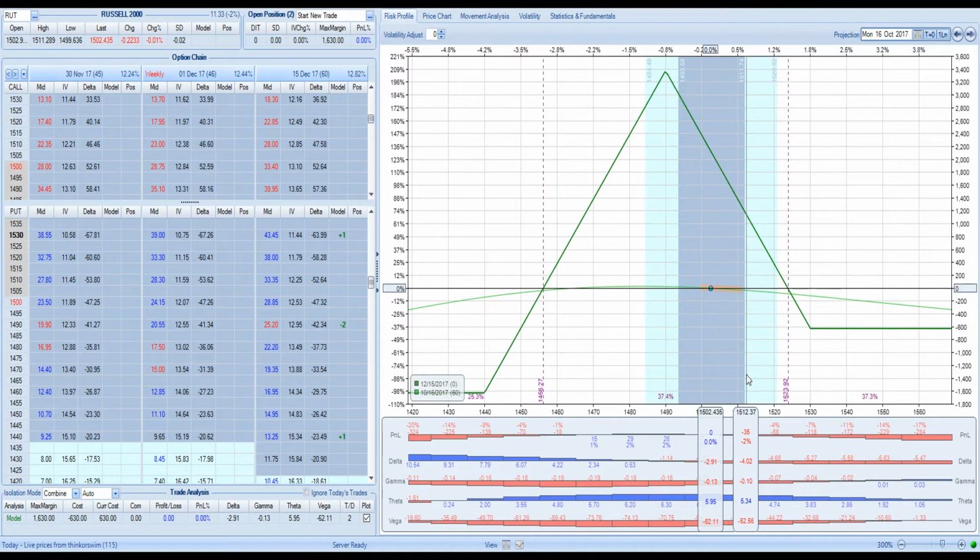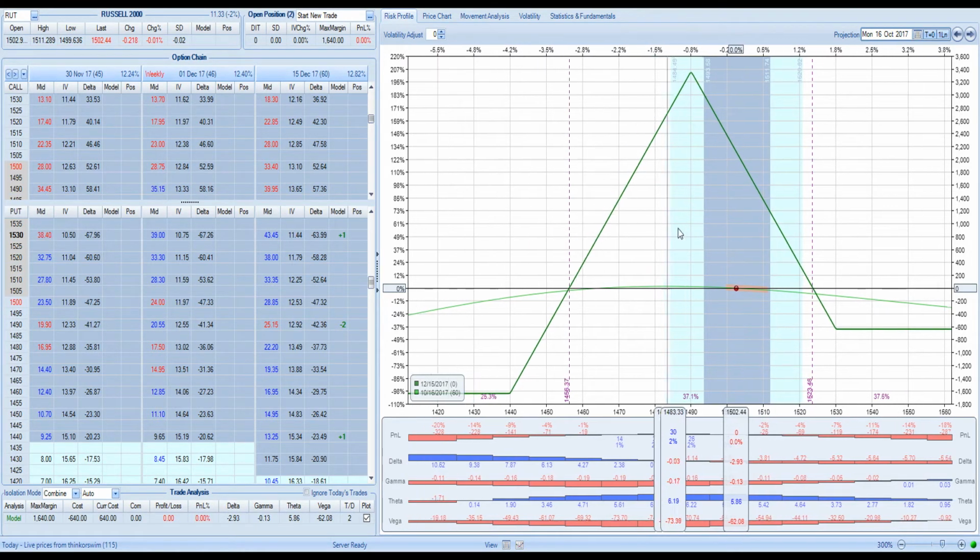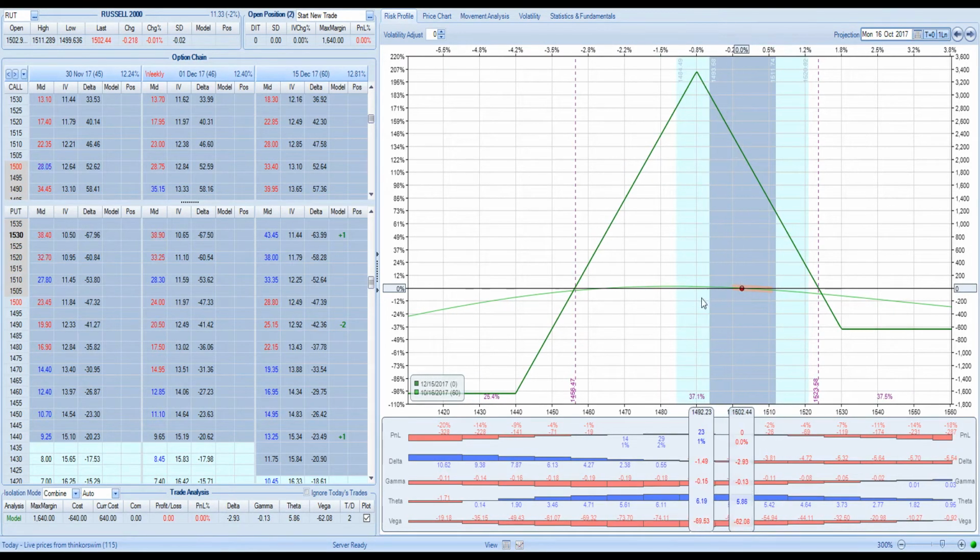On the downside, this trade is pretty flexible. So if we're going to see RUT trade on the downside and we're trading about 30 points below our short strike at 1490, so if we get to about 1460, I can exit this trade for probably a scratch or break even. Or what I can do is roll my 1530 put, which is going to be at a profit, up to 1540.